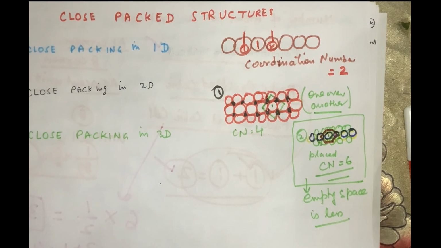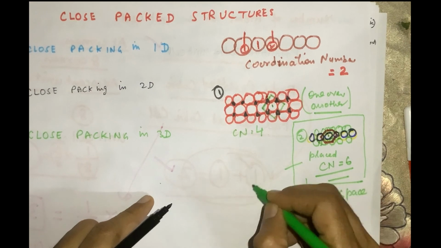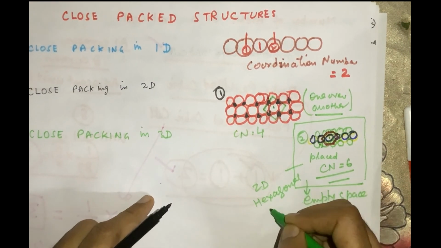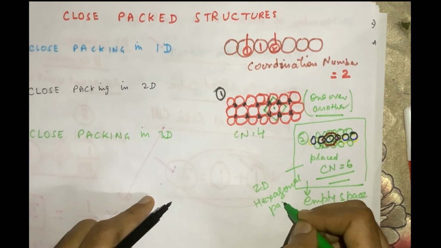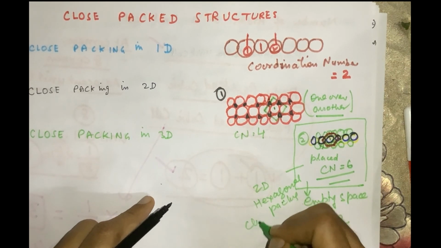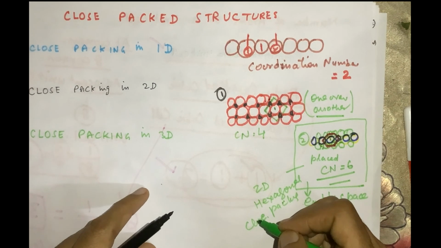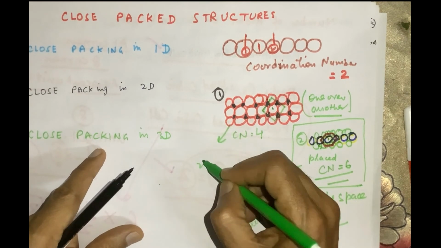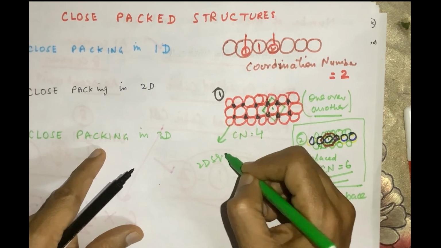Now, this is called two-dimensional hexagonal close packing. And this is called two-dimensional square close packing.